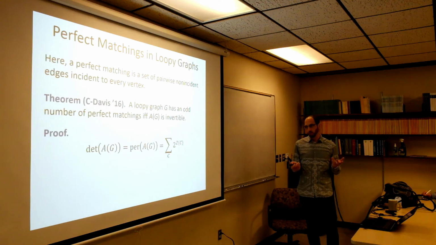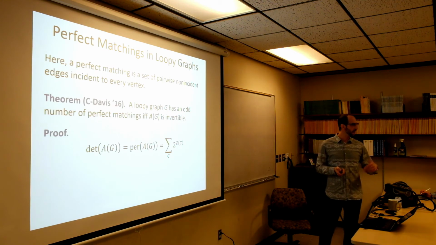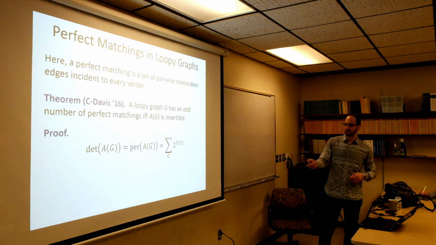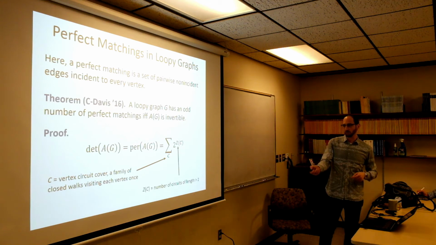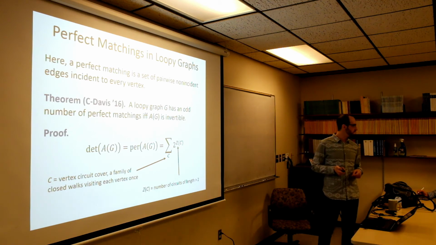Well, you get 2 to the number of ways of orienting the cycles, except cycles of length 1 and 2 don't have 2 orientations, they only have 1. Anything bigger than that, things that are actually a cycle, that are not a loop or a dimer, a digon. It's 2 to the Z of C, the number of circuits of length greater than 2. And C ranges over all the vertex circuit covers. So this is a family of closed walks that visits each vertex exactly once.